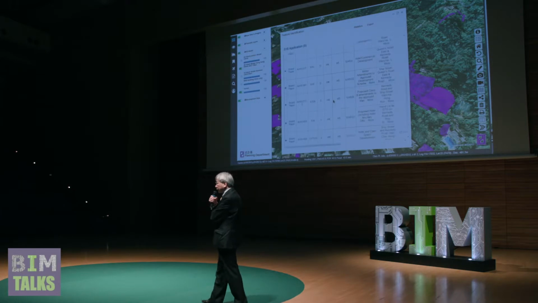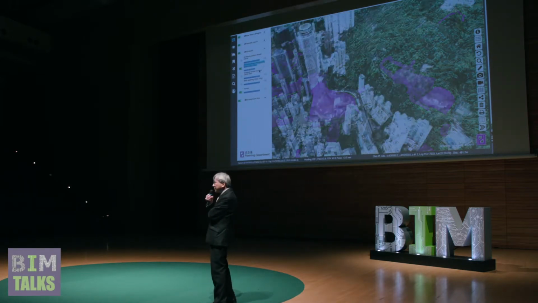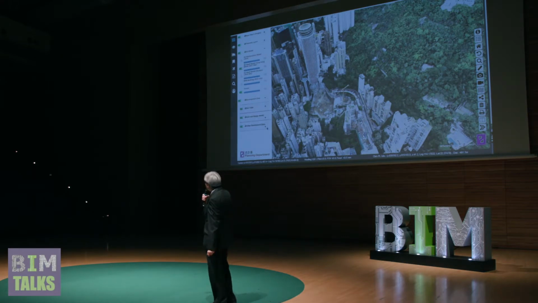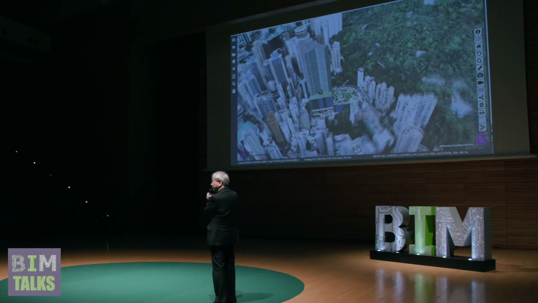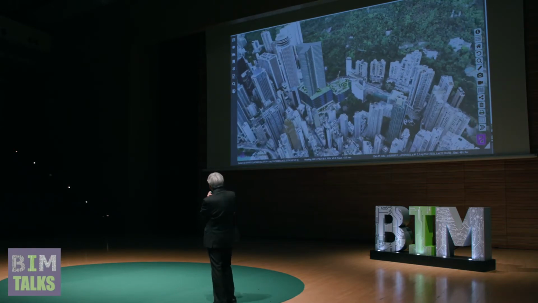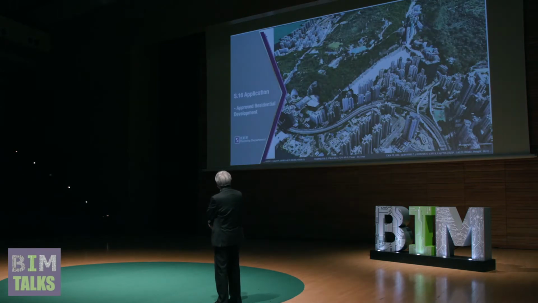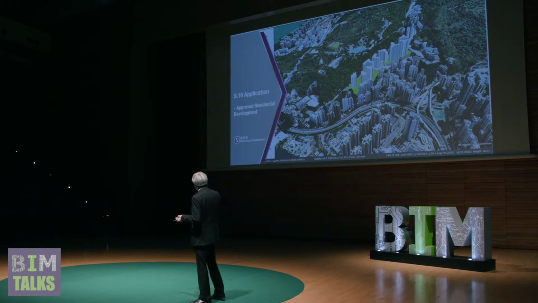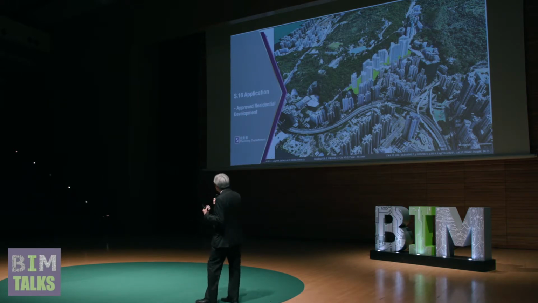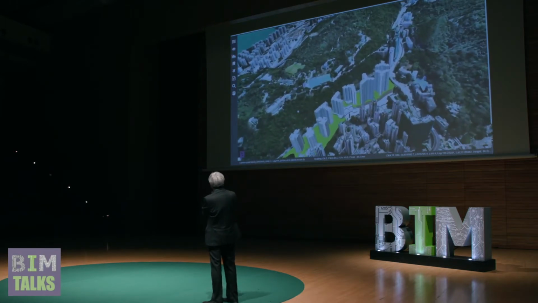We translate approved schemes, whether BIM or CAD, into the right format and put them together. So this is one of the approved schemes next to Hung Hom Center. In another case, we use this system to input approved schemes, like this another proposed residential development on Hong Kong side.